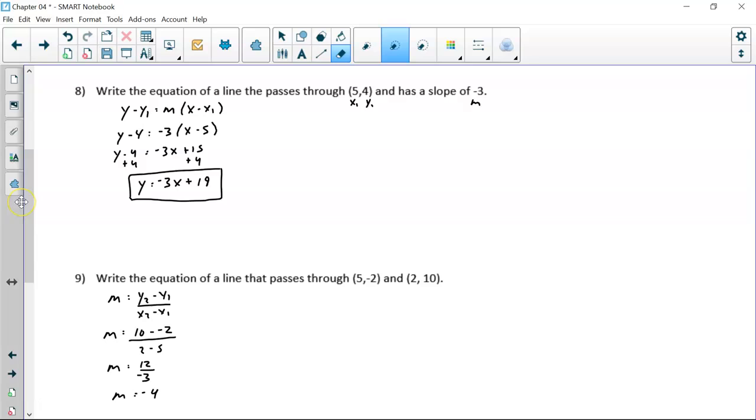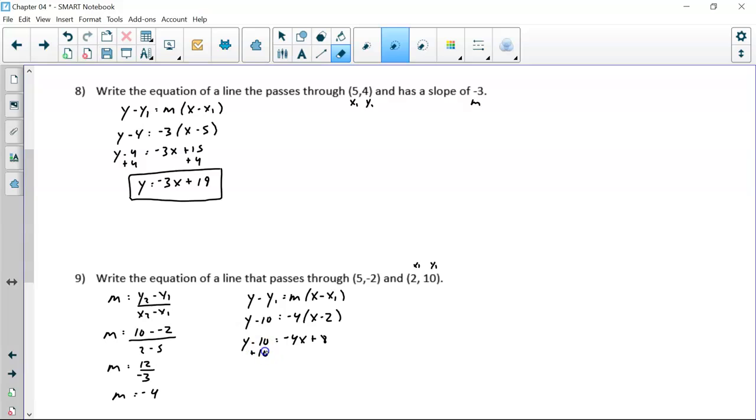So we can pick either one of the points. I'm going to pick the point 2 and 10. So y minus 10 equals negative 4 times x minus 2. Y minus 10 equals negative 4x plus 8.